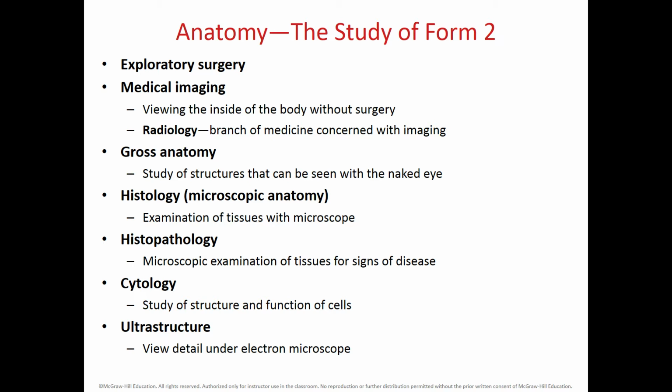Now, if you want to gain deeper and more detailed knowledge of molecules in the cells or structures within the cells, you use ultrastructure studies that are done with many sophisticated microscopes, including electron microscopes.